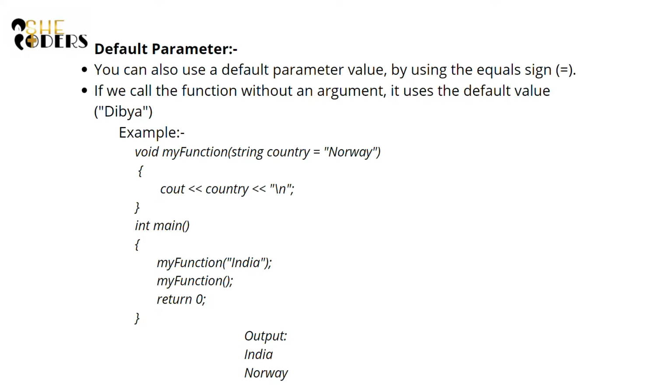While assigning default values, the parameters having a default value must be declared towards the end. For example, if I have an integer x, integer y, and string country equals to Norway, this parameter must be towards the end: first integer x, integer y, then string country will come at the end.